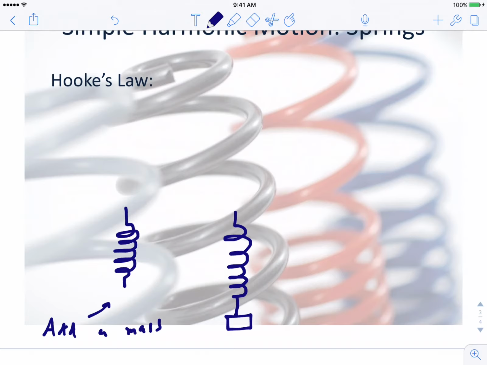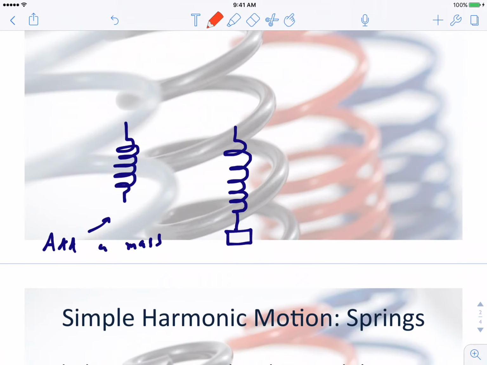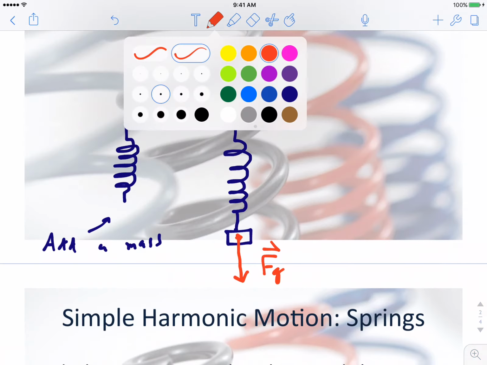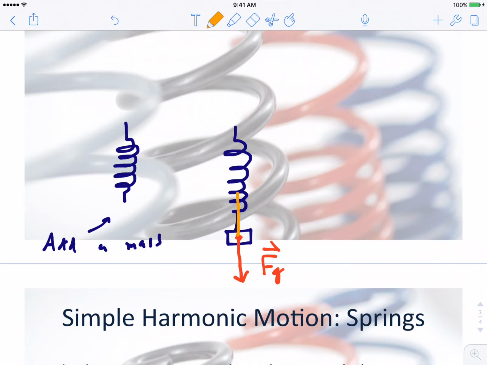At the same time that the force of gravity is pulling down, and let's add that in here, there's also going to be a new force that we'll add in there, that we will refer to as the spring force.